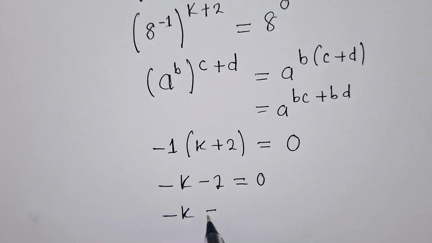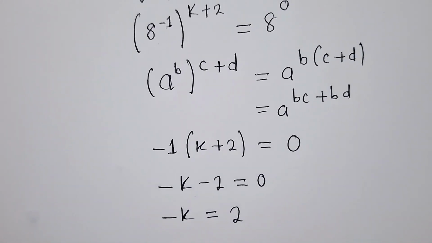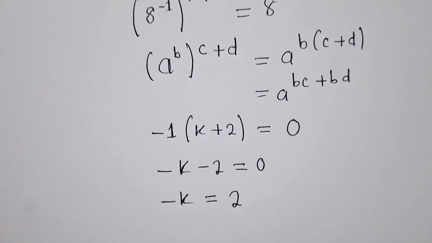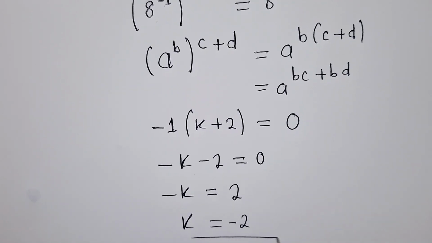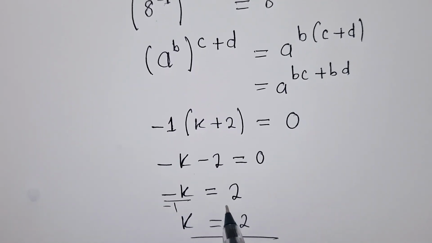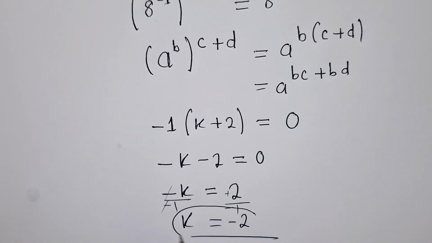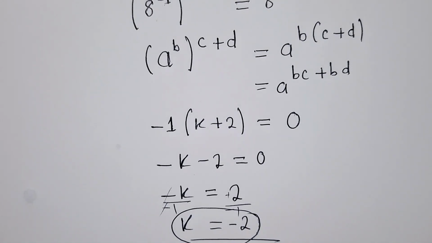Negative k is equal to 2. Then k is equal to negative 2 by simply dividing both sides by the negative, so that this negative can go, and positive divided by negative will be negative. So this is our answer.